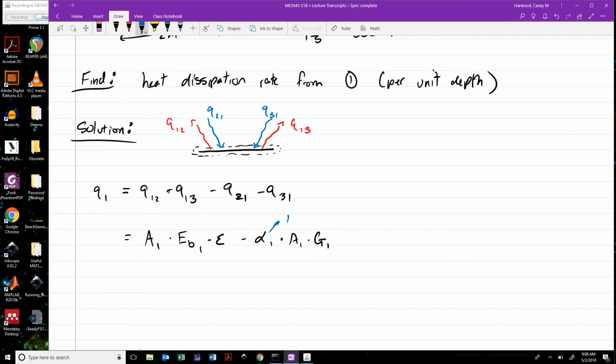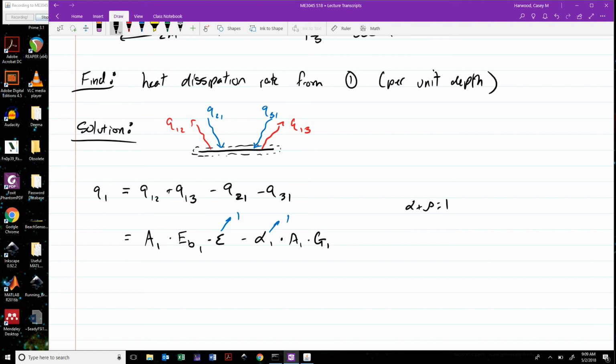This is equal to 1. This is equal to 1. Another thing I want to point out: when I was doing this similar energy balance up in the notes a little bit ago, I wrote it with rho instead of alpha. They're equivalent. There are two ways of writing it. We know that alpha plus rho is equal to 1. And so I have a choice.